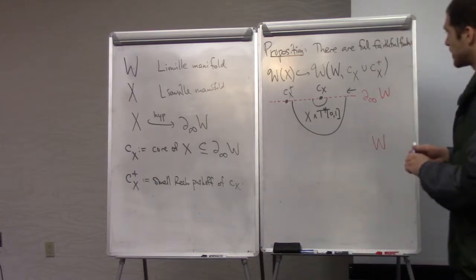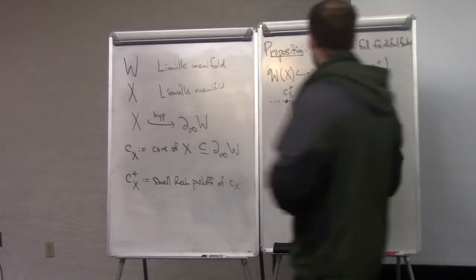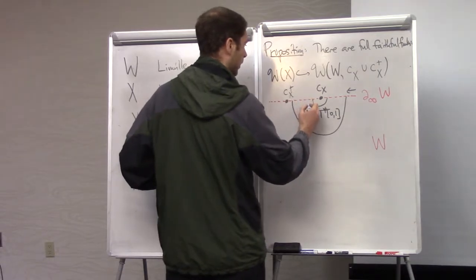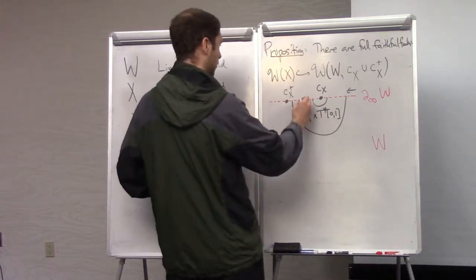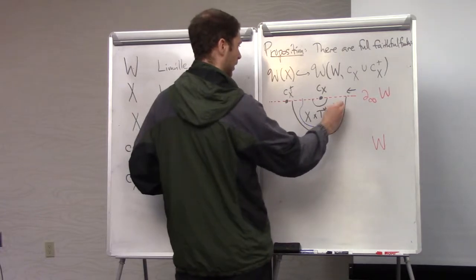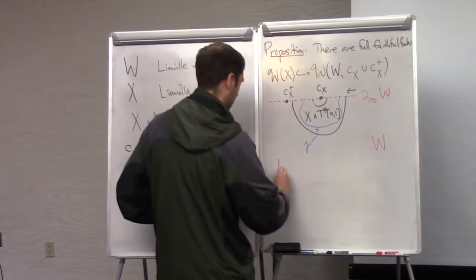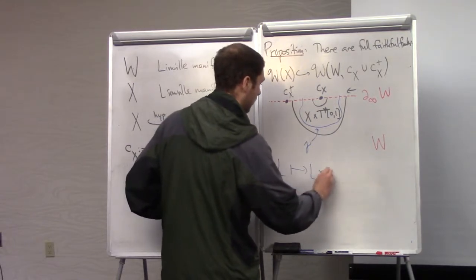Okay, and the map is simply you take a Lagrangian and you cross it with this curve. Call that curve gamma. The map is just L maps to L cross gamma.